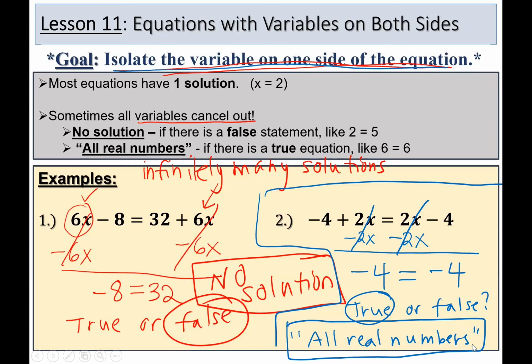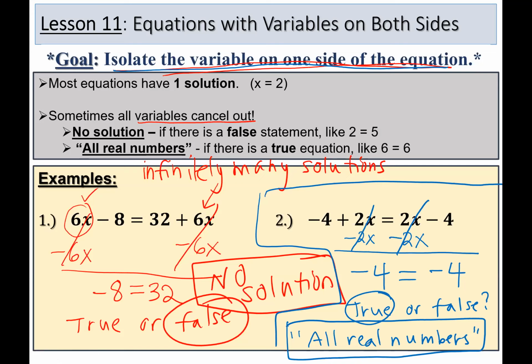All right, now these first two problems, we've kind of started off with something a little bit confusing. So I will just say the remaining problems in this lesson, I think almost all of them, or at least most of them, will have solutions. So usually you will get a solution for x, but I wanted to just right away let you know that sometimes you will not get a solution, and you have to tell the difference between, is there actually no solution, or are there infinitely many solutions?